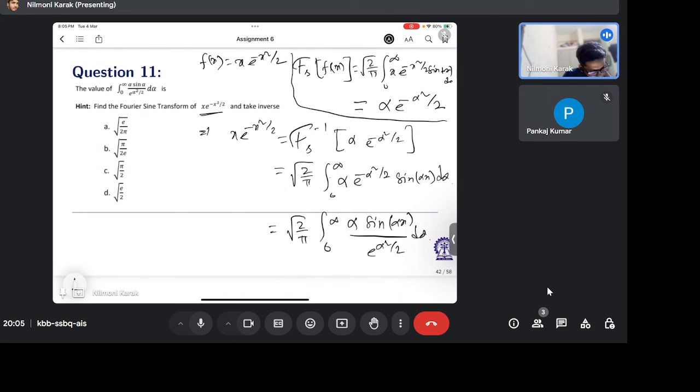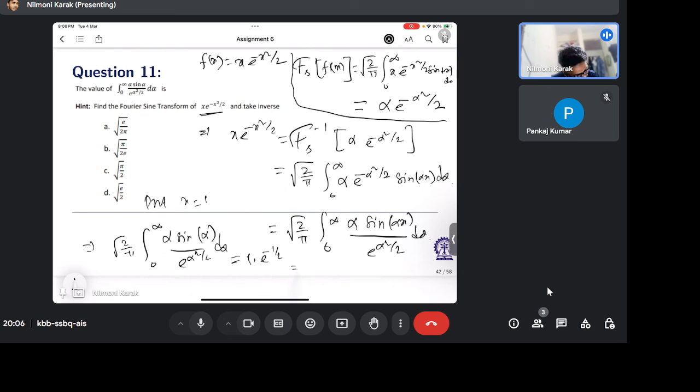And now you do one thing: just put x equals 1 on both sides. Then you will have the value of this integral. So root 2 by pi integration 0 to infinity alpha sin alpha divided by e to the power alpha square by 2 d alpha. On the right hand side, if you put x equals 1, you get 1 times e to the power minus half.